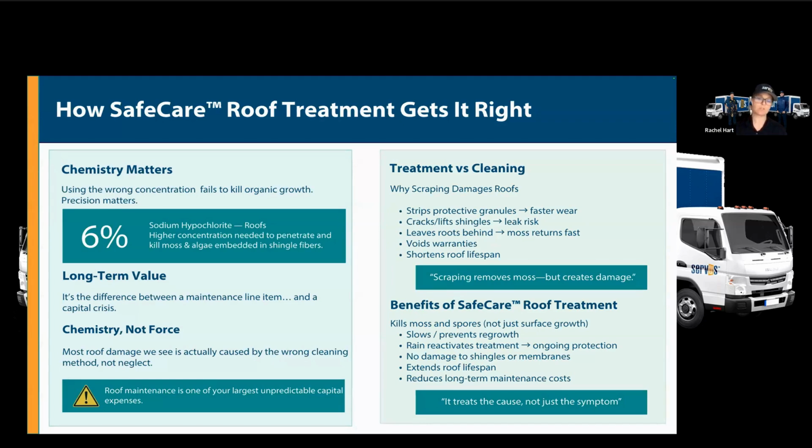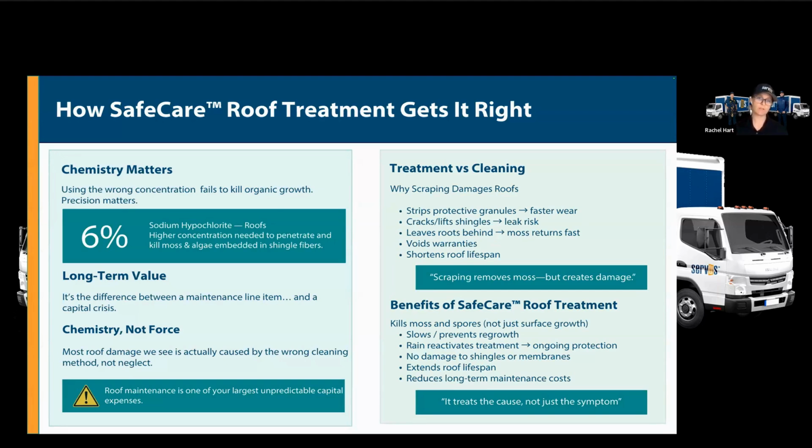Anything that you're using physically to agitate the roof will ultimately remove the granules, and that's the last thing that we want to do. When we use the treatment, it ultimately embeds itself. We use a certain type of surfactant that encapsulates the bleach.